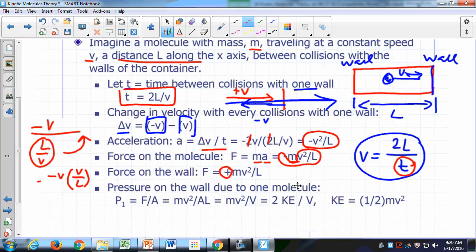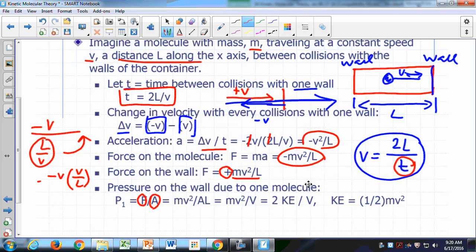So it's positive mv squared over L, since the force on the molecule is negative mv squared over L. Okay, so the pressure on the wall due to that one molecule would be the force on the wall divided by the area of the wall.